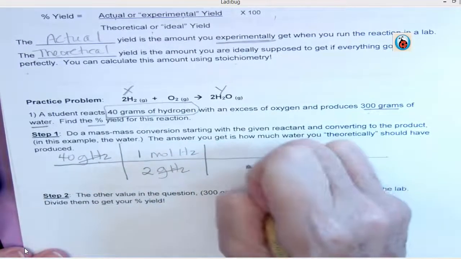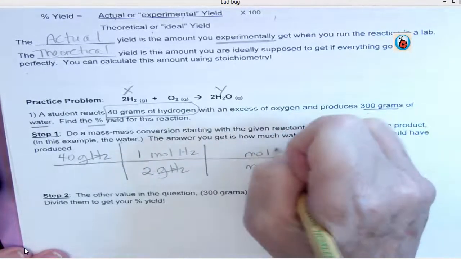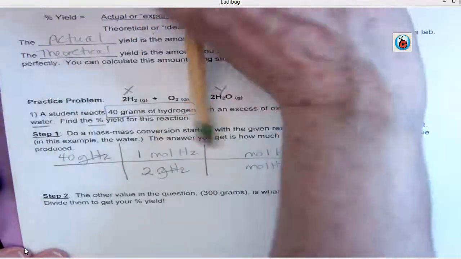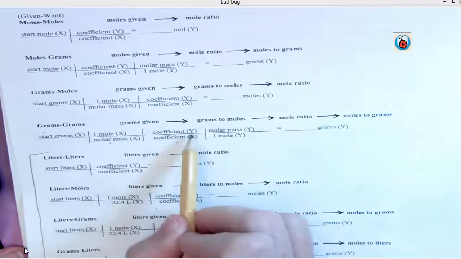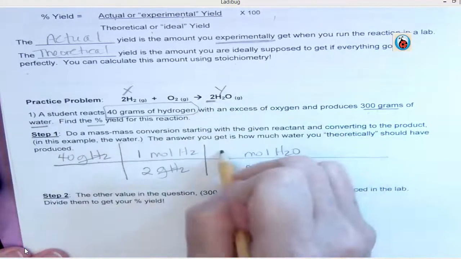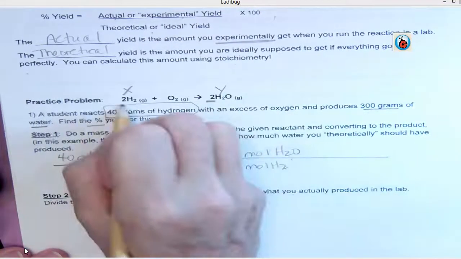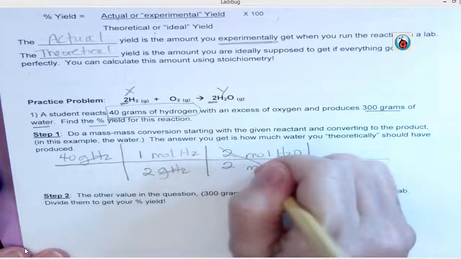Now I've got moles of hydrogen on the bottom, and I'm converting to moles of what? Water. So this is where I'm going to use that coefficient of Y over the coefficient of X, or what we call the mole ratio. So in front of water I have a 2. In front of hydrogen I have a 2. So that's good. Those will cancel out, right?